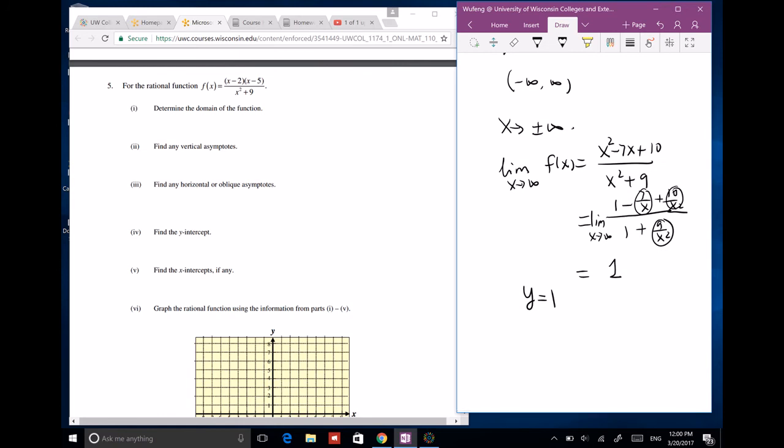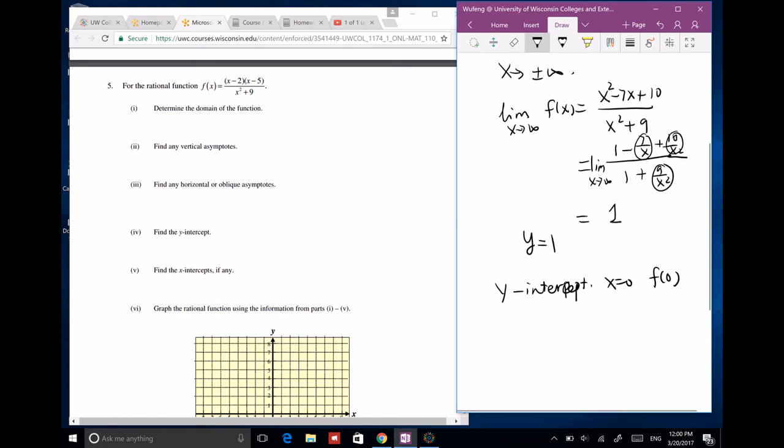Okay. Find the y-intercept: x equals 0, plug it in. So find what f(0) is. And the x-intercept is when y equals 0.